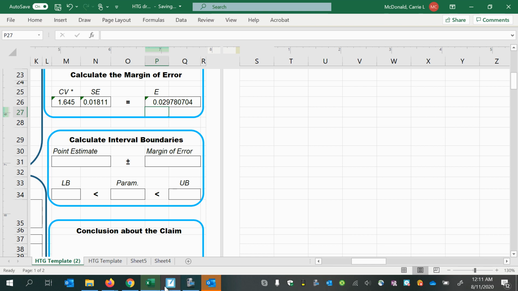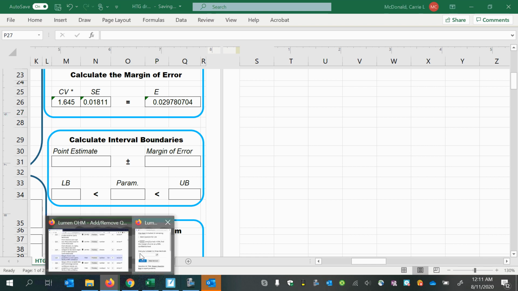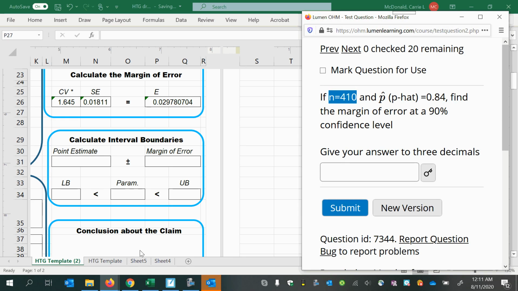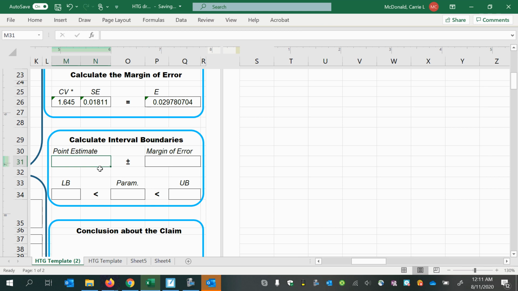Or was it 0.84? It was 0.84. So that is our point estimate. Our sample proportion is the best point we have to estimate the population proportion. The margin of error we just calculated above. So that's one way of stating the confidence interval.